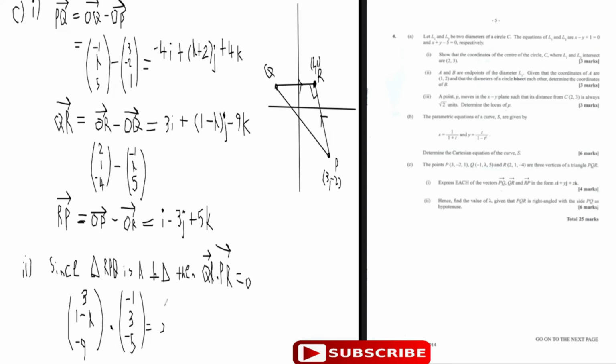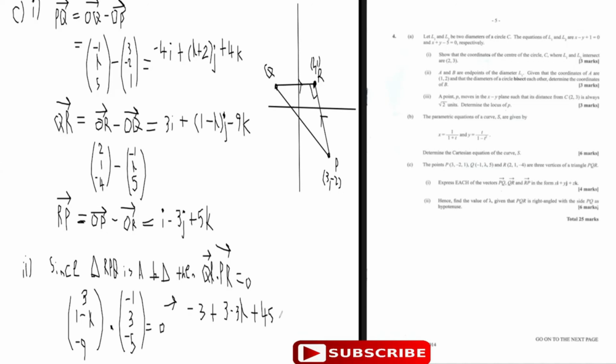So that implies that 3 times minus 1 is minus 3, plus 3 times (1 minus lambda) is 3 minus 3 lambda, and then minus 9 times minus 5 is plus 45, and that's equal to 0.